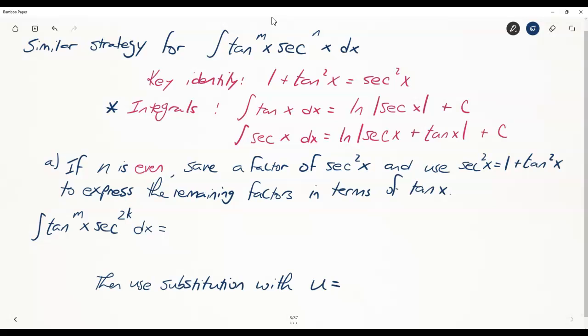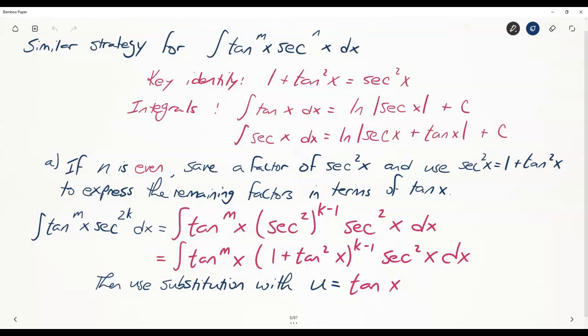So if we look at this expression right here, we've got secant to the 2k power. That is the same as taking, well, something's missing. Okay, before I write it in, I'm going to ask y'all. Look right here.